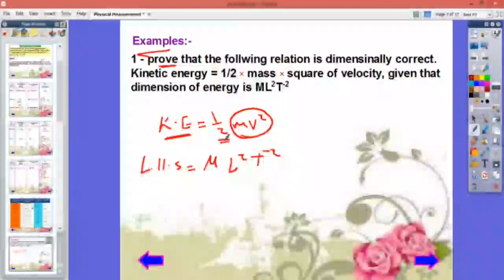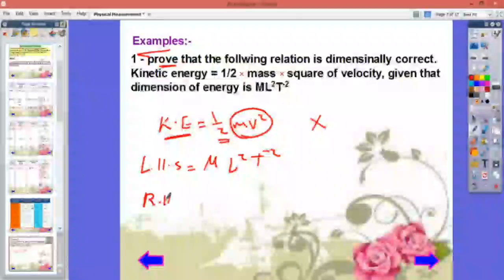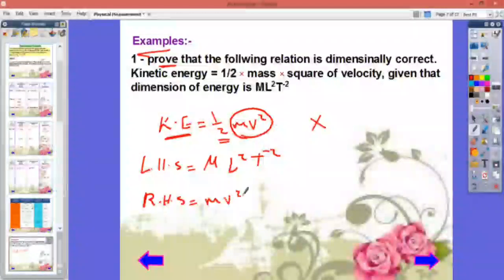What about the half? The number has no dimensional formula. So now we need the dimensional formula of the right hand side, which equals m v squared.